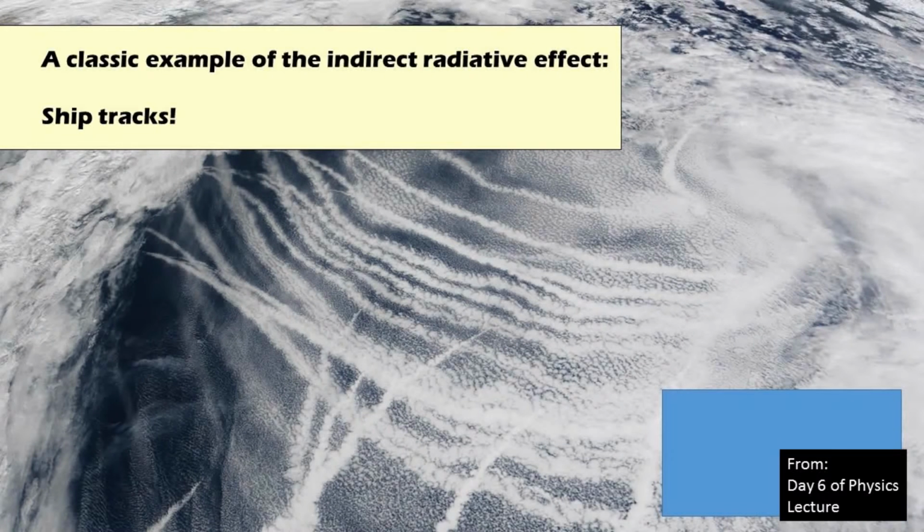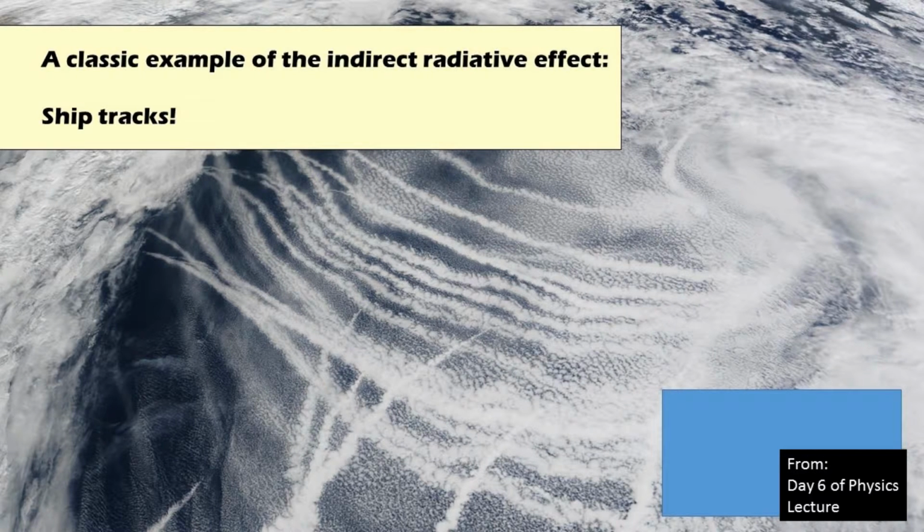The classic example of this, of course, is ship tracks, where when a ship sails under a layer of marine stratocumulus clouds, the pollutants from the diesel engines provide sulfate aerosols and incompletely combusted hydrocarbons and so on that work as lovely cloud condensation nuclei. And so the clouds are suddenly changed, where they no longer have just a few relatively large droplets. They have vastly more smaller droplets, and the cloud then has a very different albedo. You can see how the albedo of the cloud has changed in these diagrams.